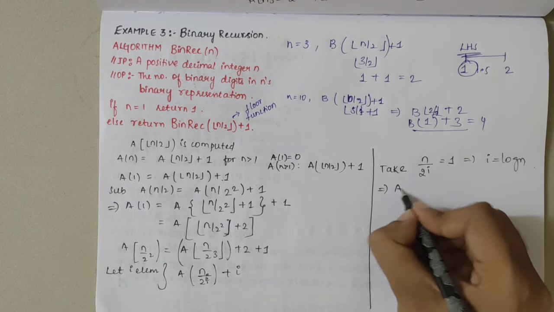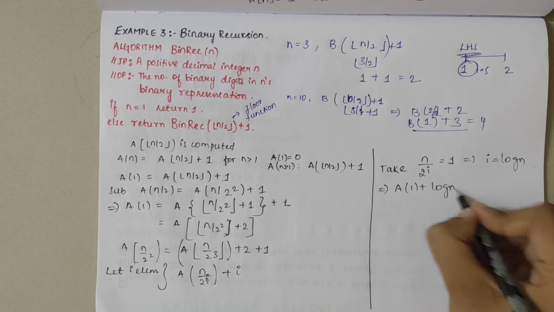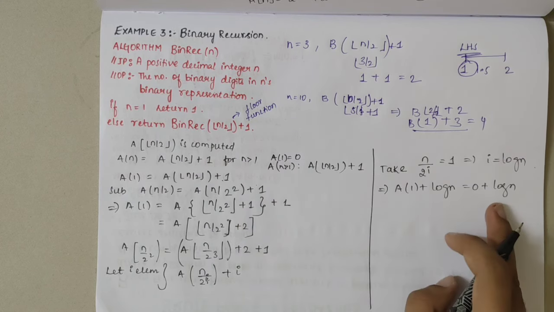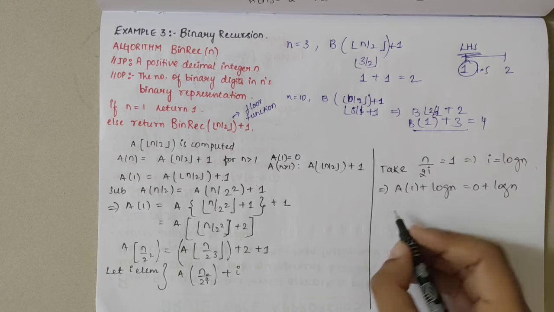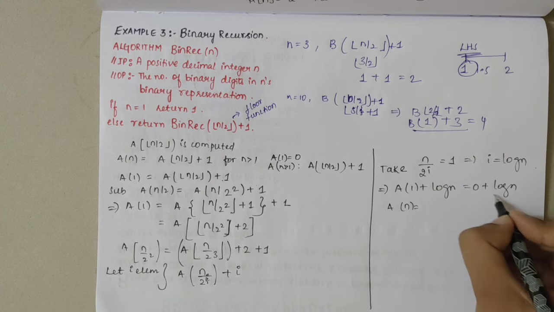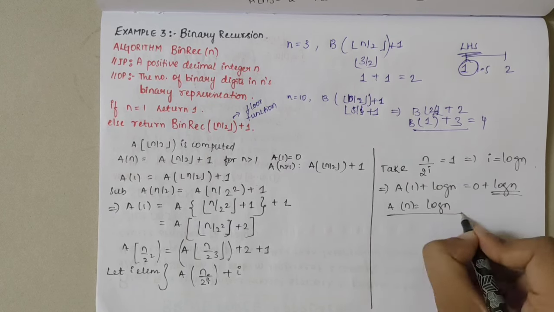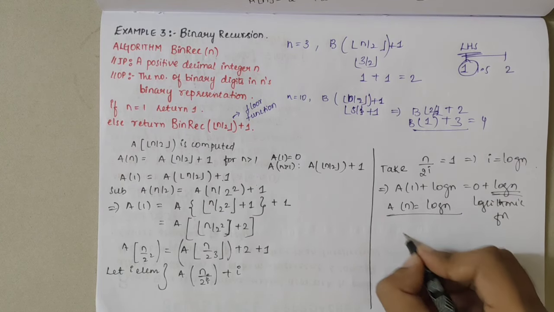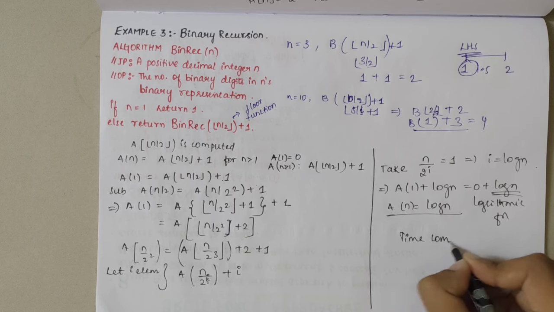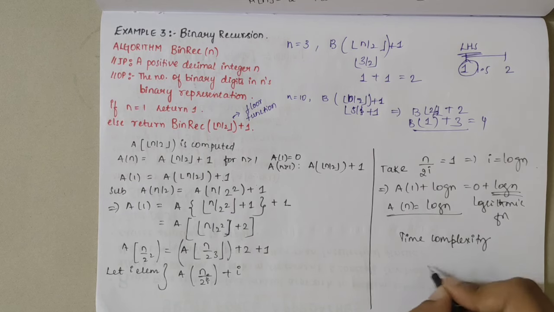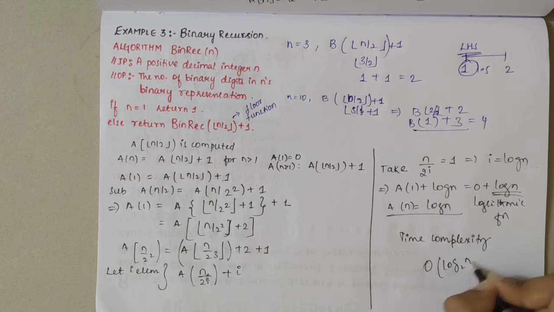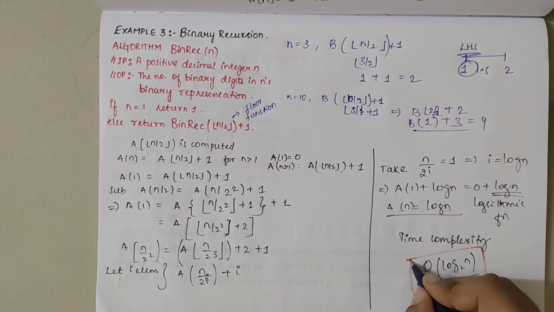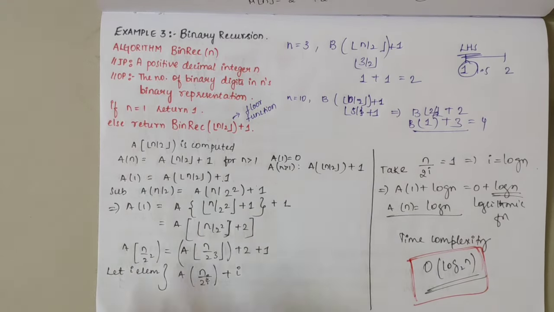So further I can write the formula A of 1 plus log n as 0 plus log n, because A of 1 I know is 0 here. So for A of n, I'll be left with log n, a logarithmic function. So the time complexity I can write as log to the base 2 of n. This is the time complexity for binary recursion.